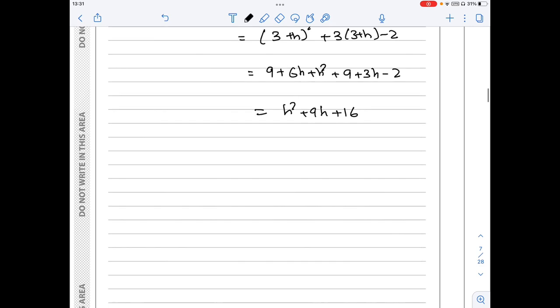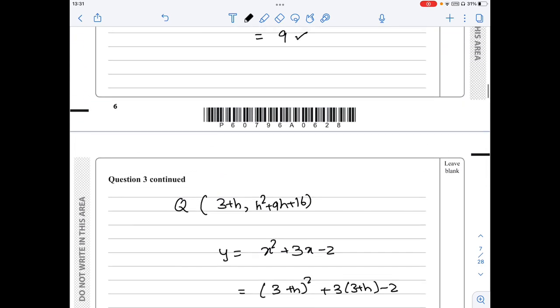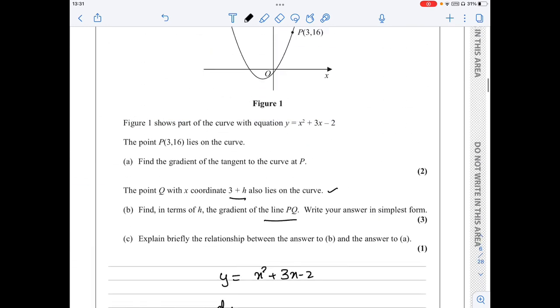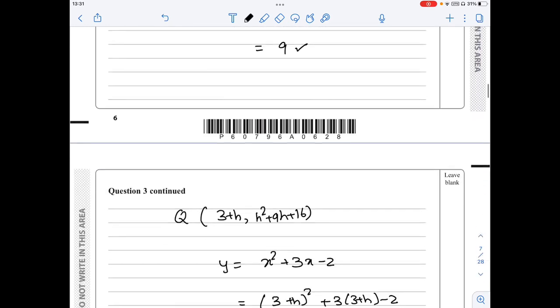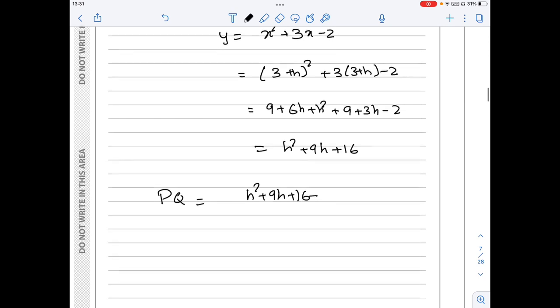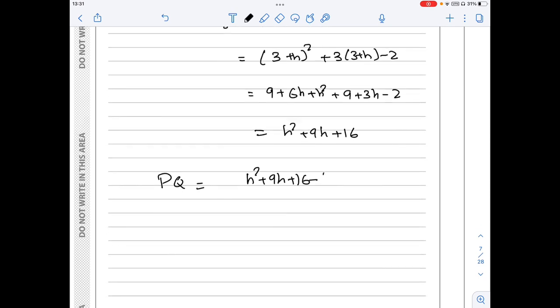Now the gradient of PQ will be y2 minus y1, h² plus 9h plus 16 minus y1. What is the P value? (3, 16), divided by x2 minus x1.